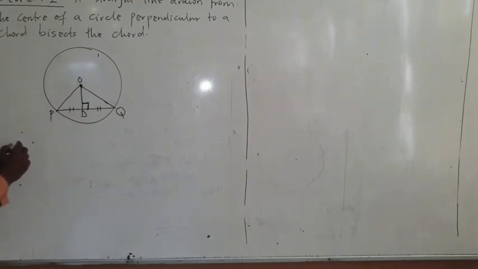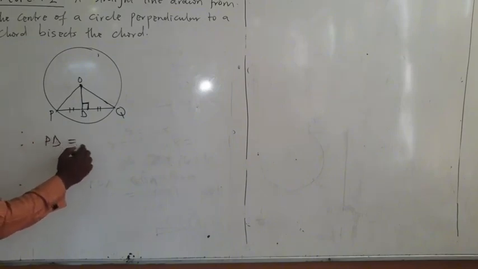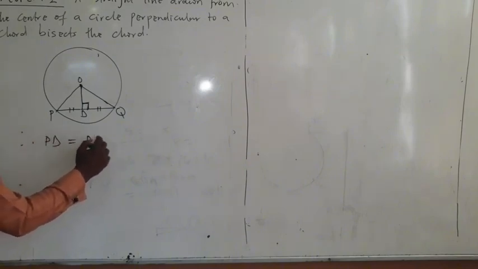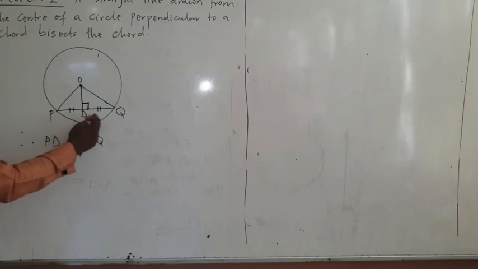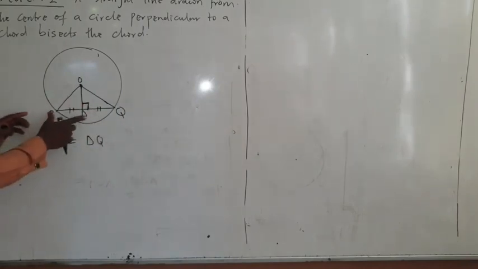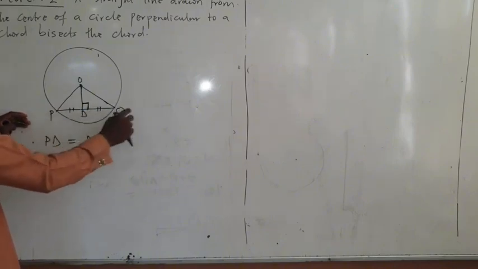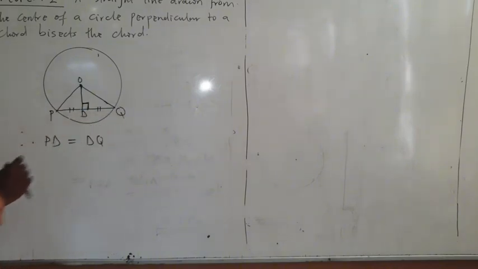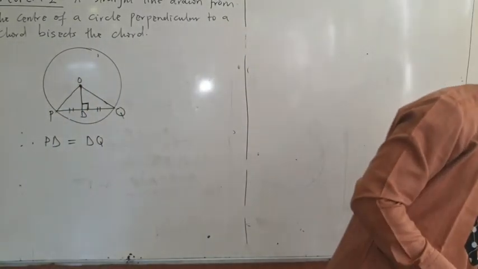You can now say, therefore, line PD equals line DQ, simply because the line drawn from the center of the circle divides the chord into two equal halves. It means if PD is 20, DQ will also be 20. So the total length PQ will be 40. That's just the simple explanation of Theorem 2.